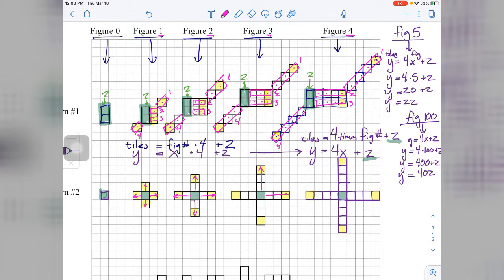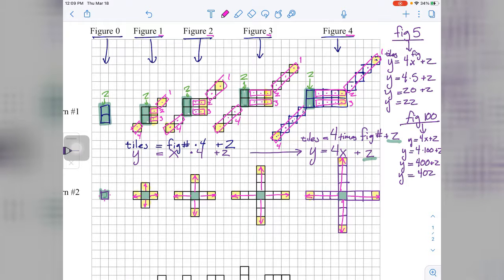In figure 3, the length is 3. And in figure 4, the length is 4 for each of the wings. That was the one I was pointing at earlier when I said, do you hear the pattern? There were 4 in each wing in figure 4. And there's no wings at all in figure 0.